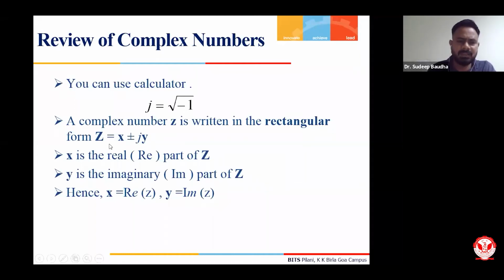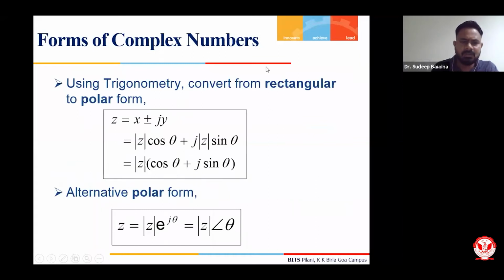Fundamentally, we say Z is a complex number, which is x plus or minus jy, where x is the real part and y is the imaginary part. So x is the real part of Z and y is the imaginary part of Z. Using trigonometry, we can write it from rectangular to polar form.